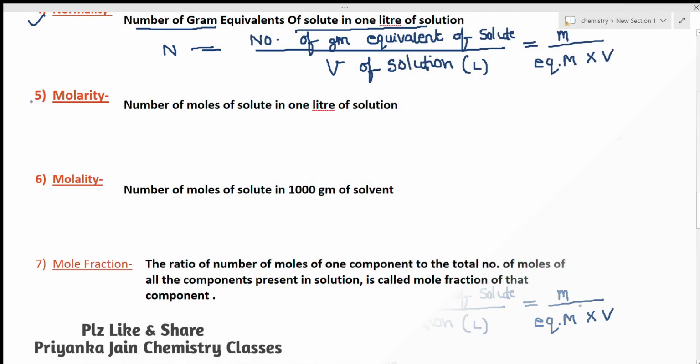Now see the next important term, that is molarity, and it is a very important term, that is the number of moles of solute in 1 liter of solution. We have to see the number of moles of solute in 1 liter of solution.